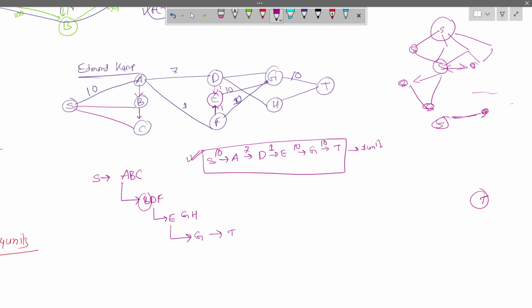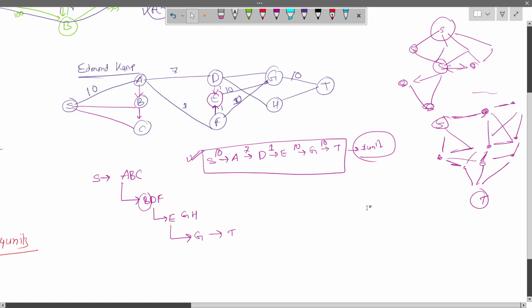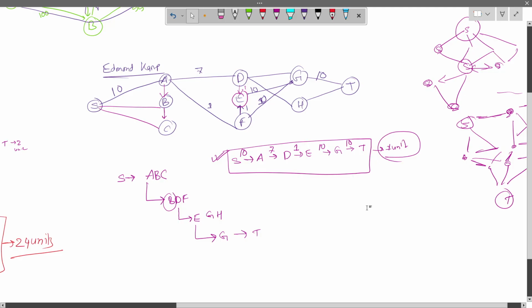Suppose these are points, they are connected. They are hierarchical and very much interconnected, and this is a correct example, and this is the correct flow according to Edmonds-Karp, according to BFS.